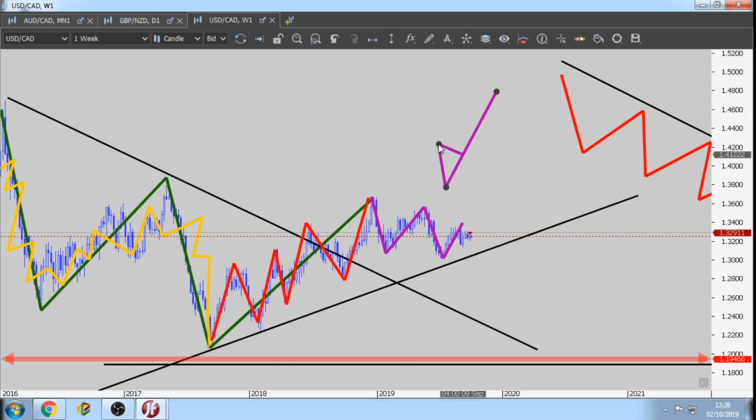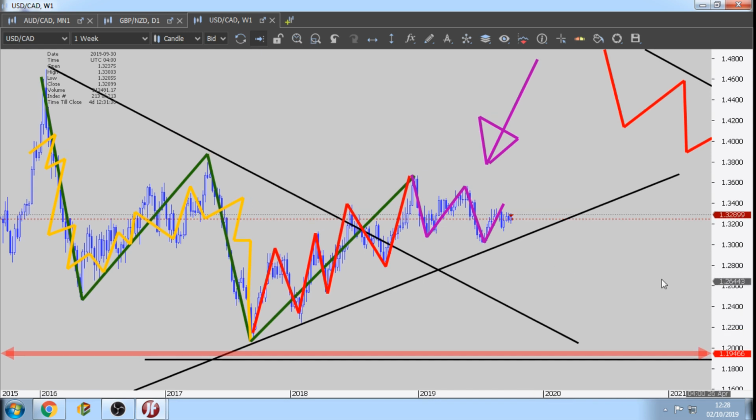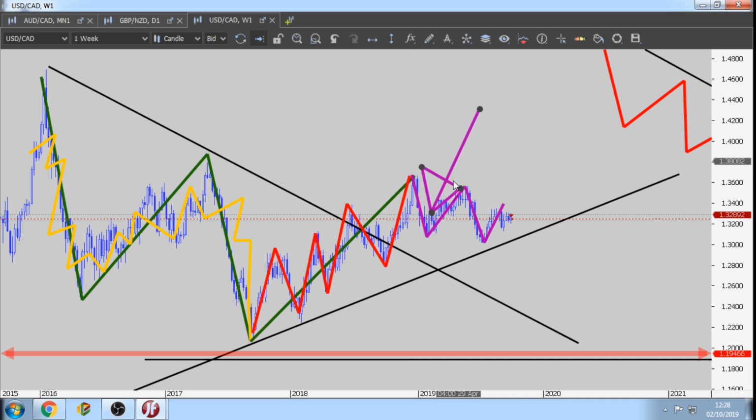So the short-term view, if you are going to trade what you see, right? And some of you are correct, this pair, it's a mess, everybody. In the sense that it's difficult to understand because you have lower lows, lower highs, but in an uptrend line.